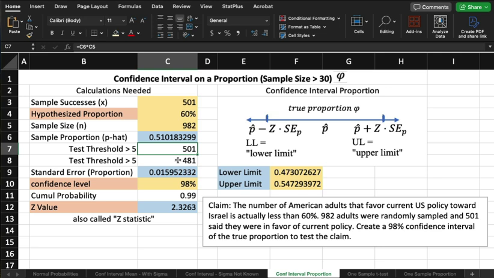You're not always told what x is, and that's why you can just calculate it by taking your p hat and multiplying it by your sample size n, because that's usually given to you in the problem. The other test threshold is going to equal 1 minus p hat times n. So equals parenthesis 1 minus C6 close parenthesis times C5.